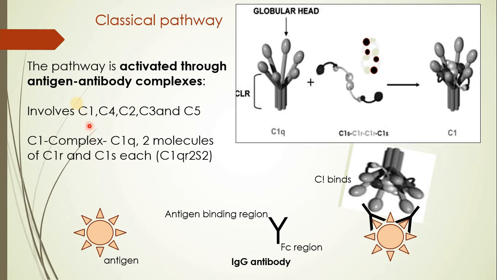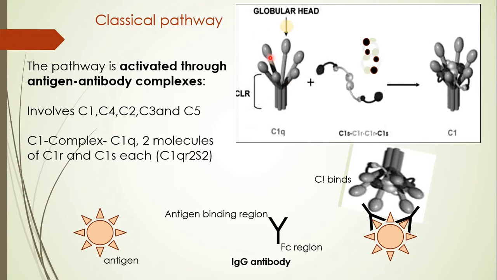Now the C1 factor or C1 complement is the more prominent one and is a complex structure composed of C1q, two molecules of C1r and two molecules of C1s. Therefore, it is written as C1qr2s2, where 2 represents the number of molecules seen in association with one another.